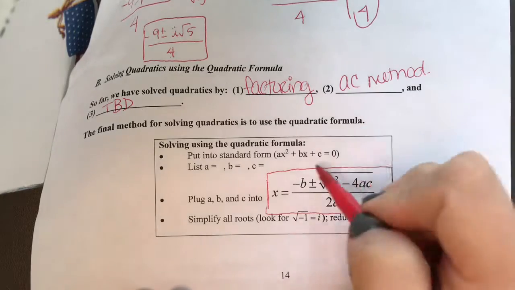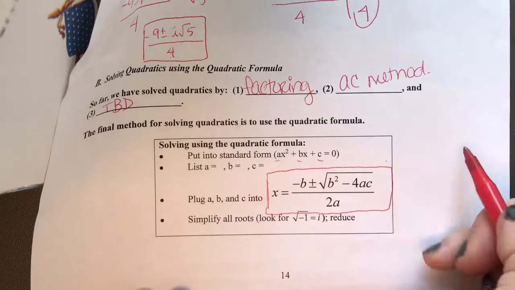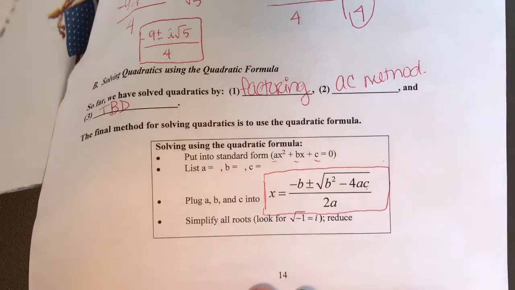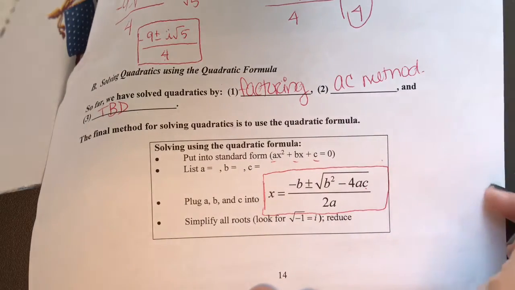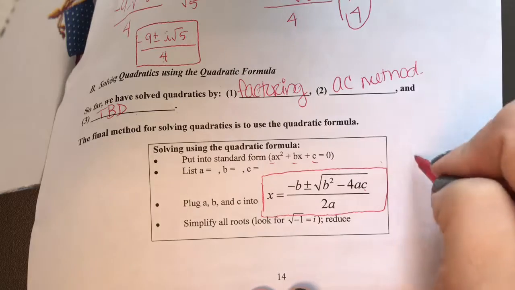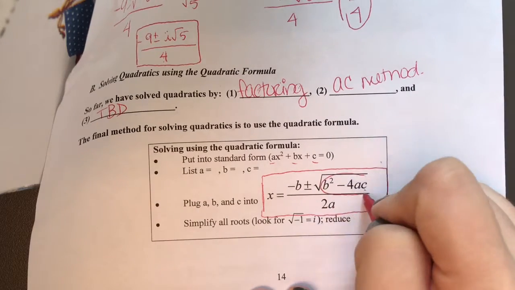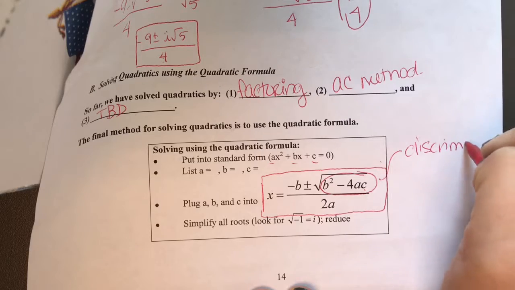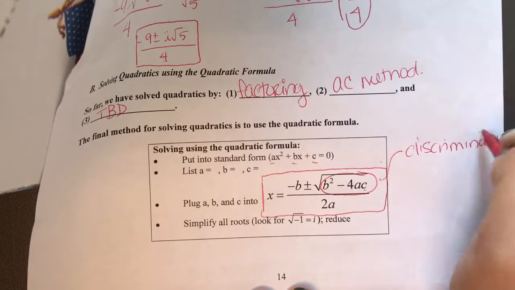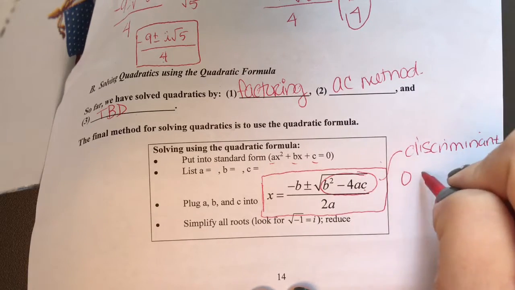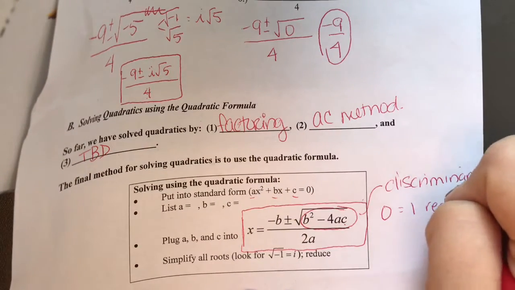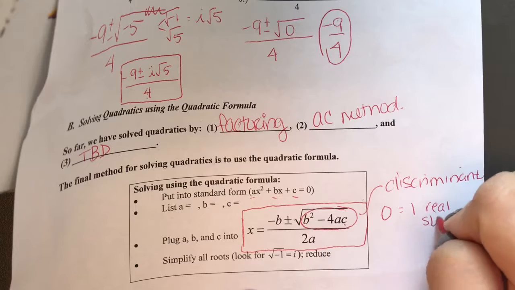All you have to do is identify the A, B, and C terms, substitute them into the formula, and you'll get your answer. Now, when you do this, you'll be able to tell right away how many answers you will get. So this in here is called the discriminant. If this equals 0, like it did up here, you will only get one real solution.